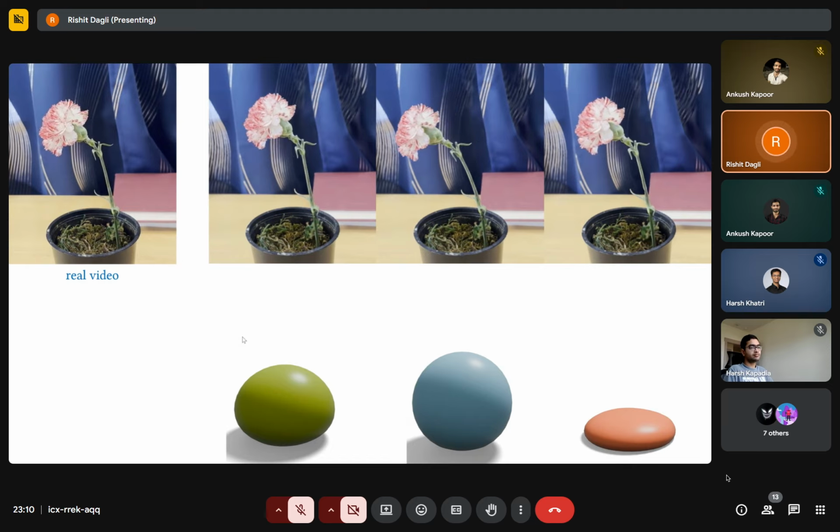So if I saw a video of the sphere, I should somehow be able to know that it's a sphere, even though to me it looks like a circle that's moving across time and so on. So you also have a bunch of these inverse problems that you most likely might need to solve.